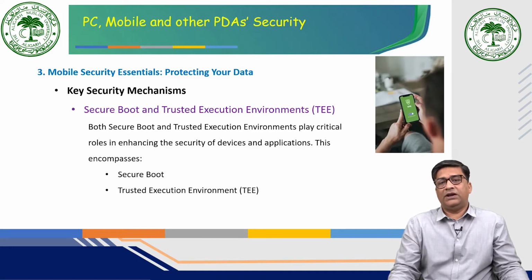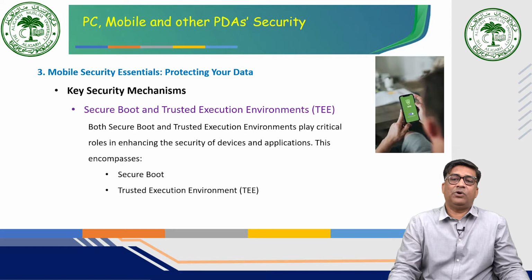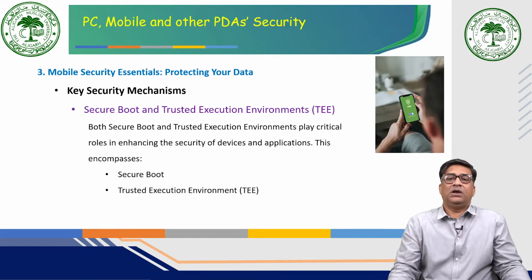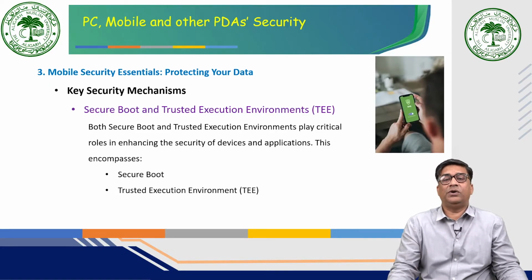So if there is any ambiguous code, or code that has some malicious behavior, we can protect the main operating system from it, because the main processor allows the execution of this code in an isolated environment. If any malicious code is executed, it does not harm the main operating system.